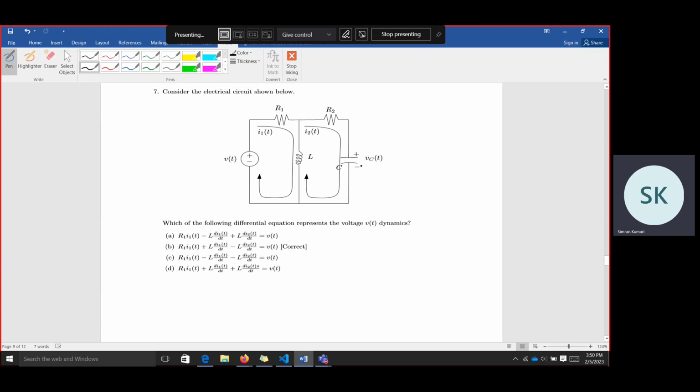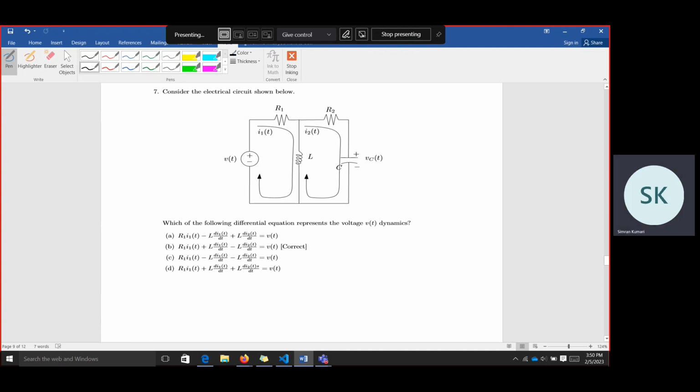The output can be anything, either V_C(t), I2(t) or I1, but we are trying to find the dynamics of the system in terms of I1 and I2.